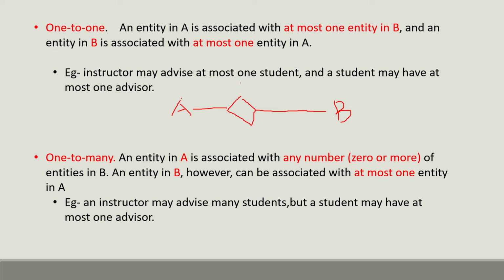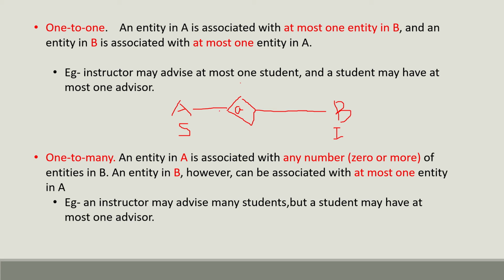For example, let A be the student entity set, and let the instructor be the other entity set, and the relationship between them be advisor.